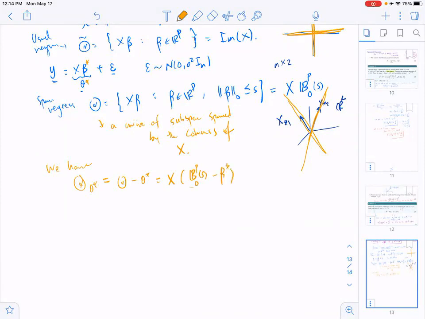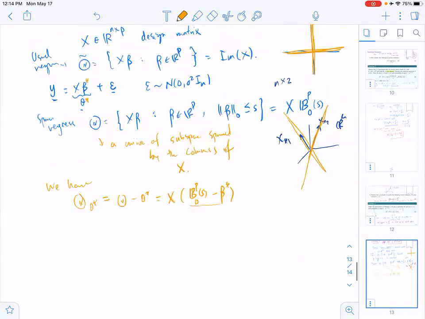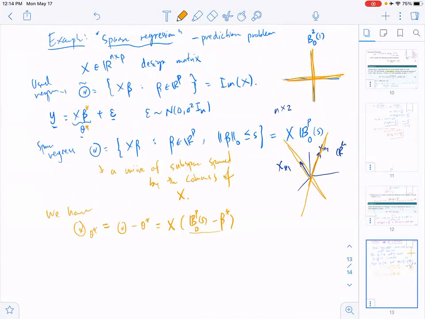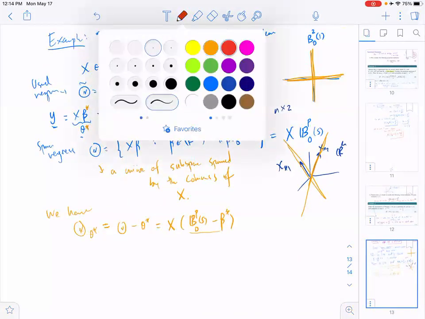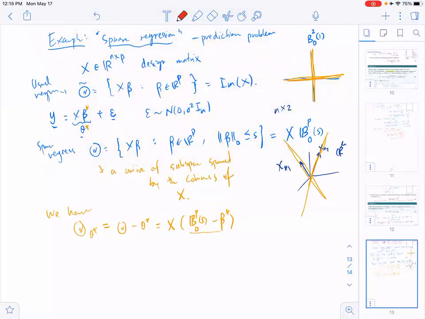So it's like shifting everything here to beta star, which itself belongs to B0 of S as well. So the true vector is in B0 of S. That's what we know. So I'm going to move the entire thing here, and it would be like going to something here. So this would move to that place.